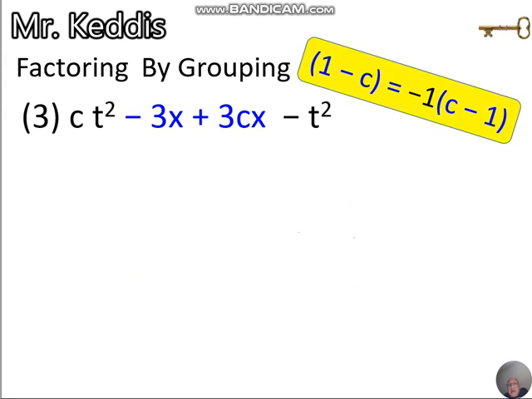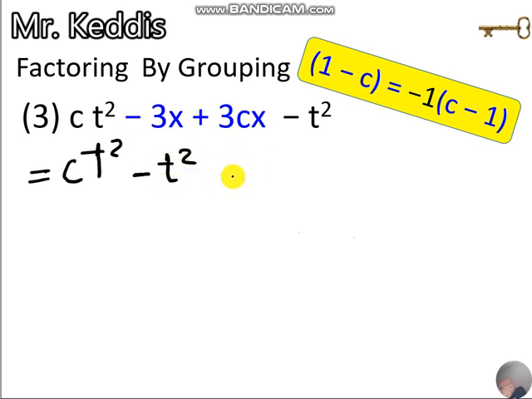To factor ct squared minus 3x plus 3cx minus t squared, I combine the terms that have t squared. Here ct squared, and I bring the negative t squared over here.